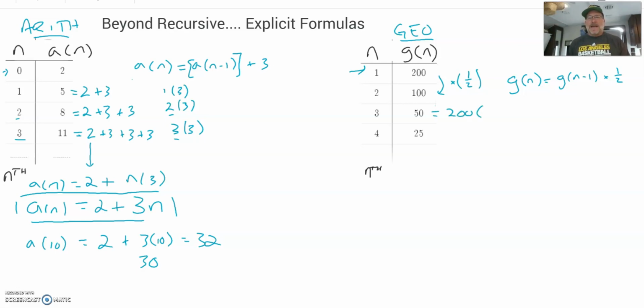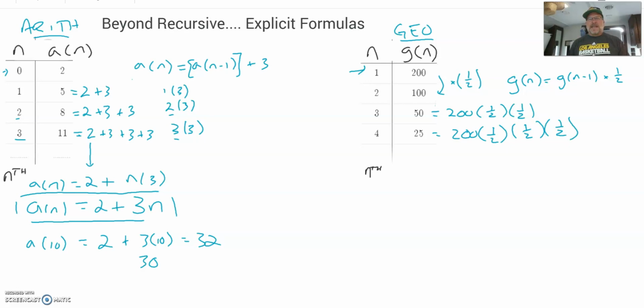And then I cut it in half. That's how I got the 100. Look right above. That's how I got the 100. And then to get the 50, I cut it in half a second time. The next one starts at 200, and I'm going to cut in half 3 times. Again, you can see a triangle forming out there.